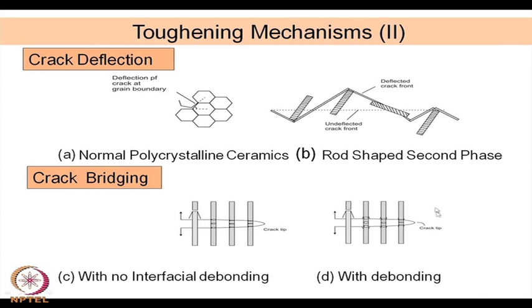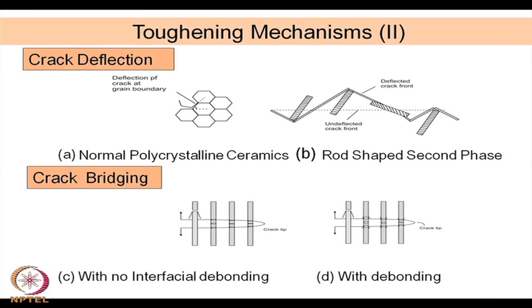So, debonding sometimes is good because some of the energy gets released there. So, for the propagation of the tip, less energy is available. So, by that debonding also one can restrict the propagation of the crack. Okay.